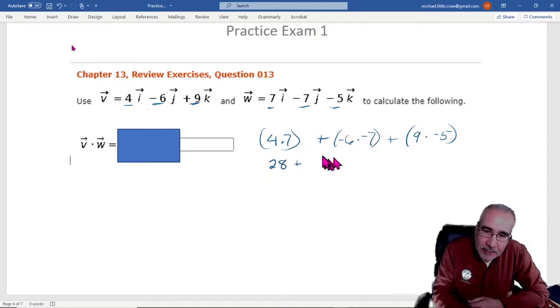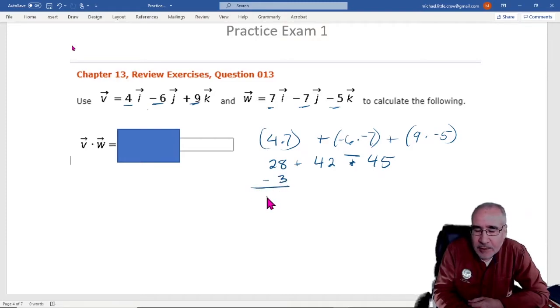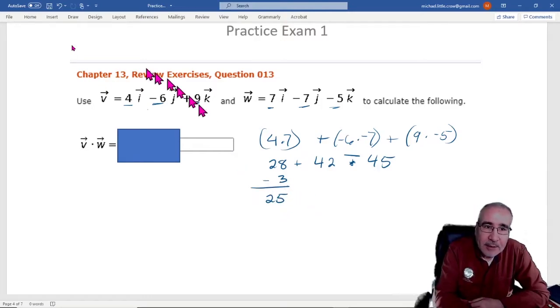That's positive 42. That's actually going to be negative 45. So actually, I'll do these two because they're so close. A positive and negative is actually going to be negative 3. So take 28 minus 3 should give us 25. And that's it.